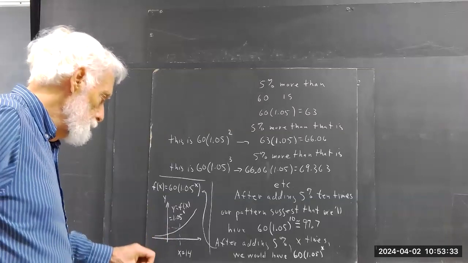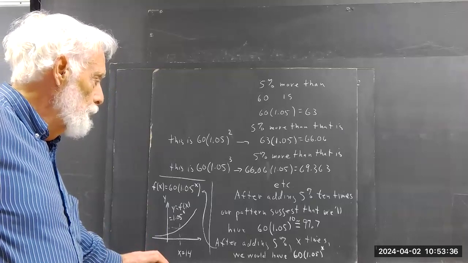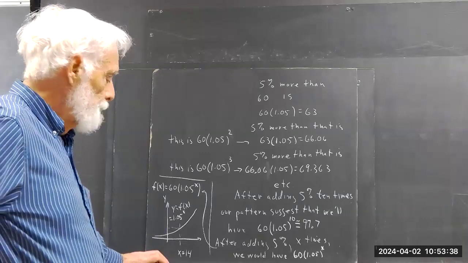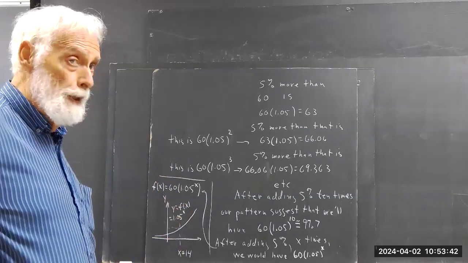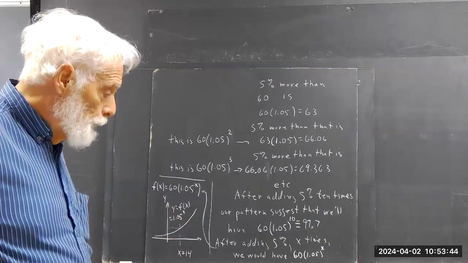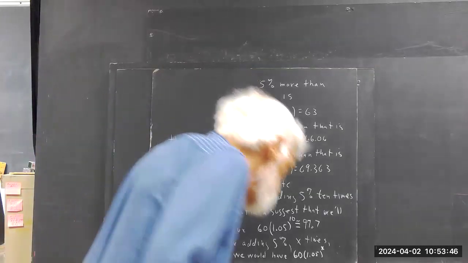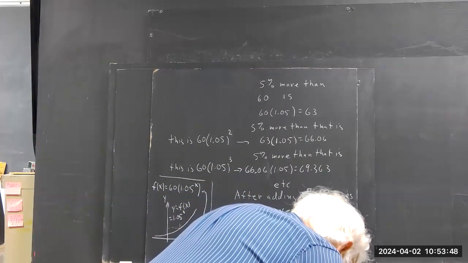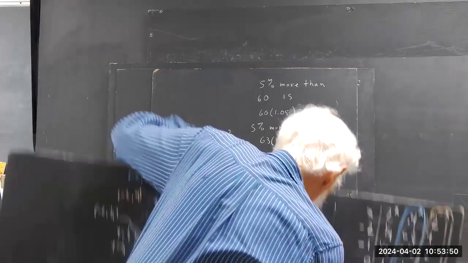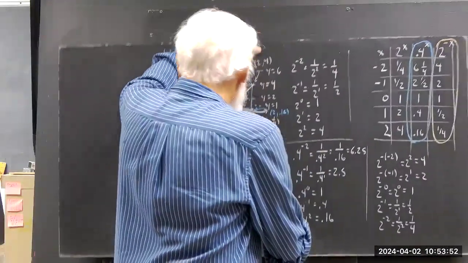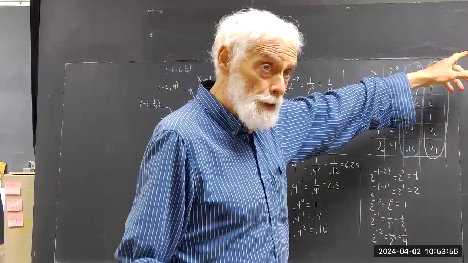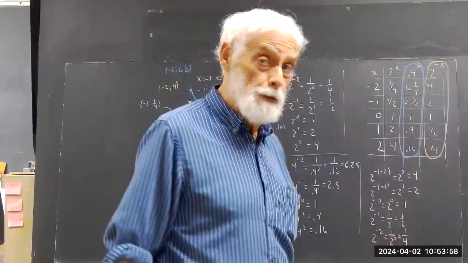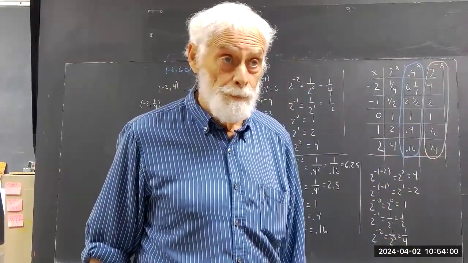Now, that's what we're going to look at more in pre-calculus. The point is, 1.05 to the X is no different than any of these other functions that we graphed earlier. You could have taken a calculator and calculated the numbers.